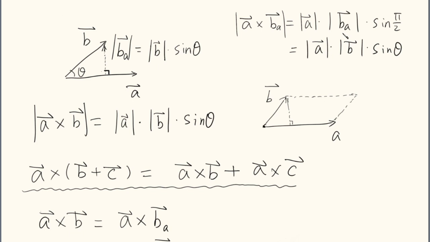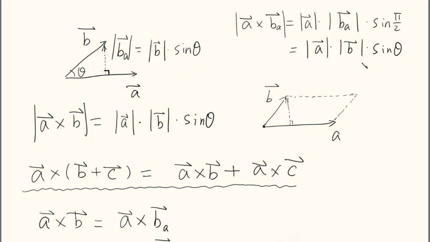And this is 1. So the length of this is the magnitude of vector A times the length of vector B sub A. And the length of vector B sub A is this.